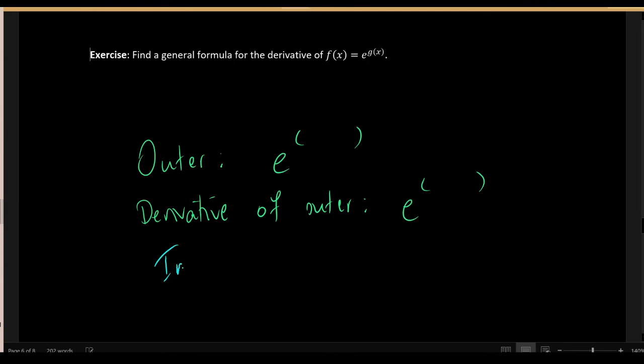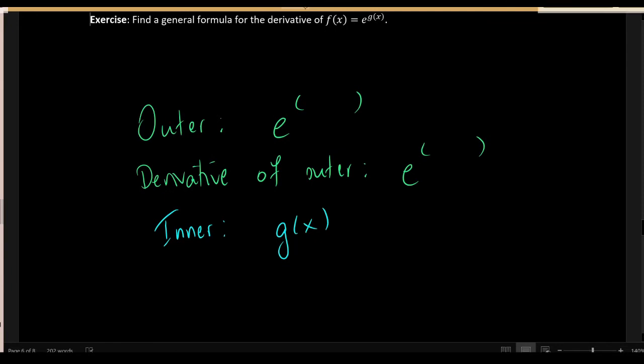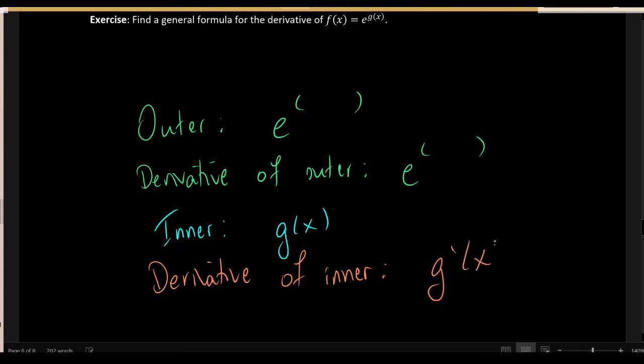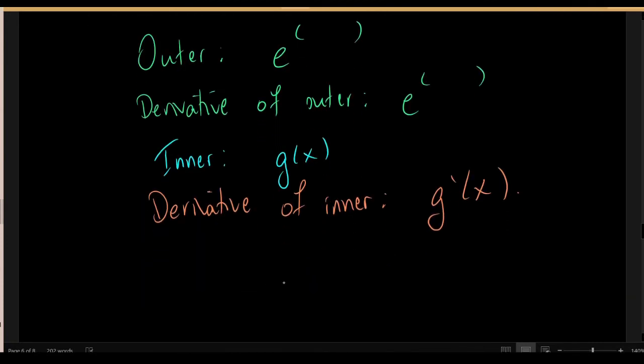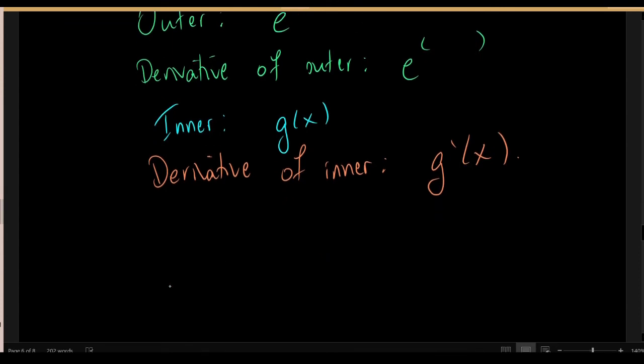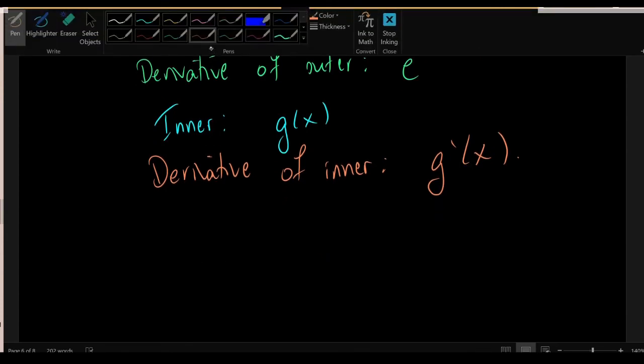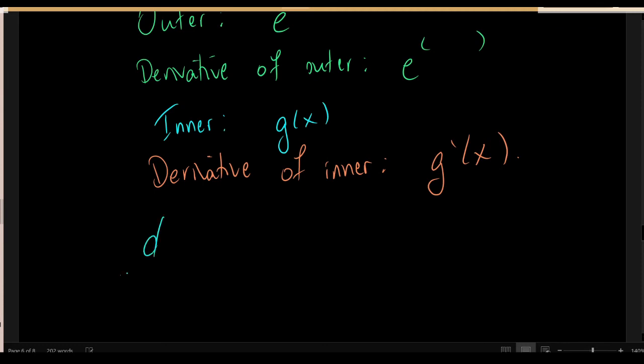The inner function is the exponent, in this case just generically called g, and the derivative of the inner function is something that we would symbolically call g prime of x. How therefore would I write the derivative of the function f of x, the derivative of e to the power g of x?